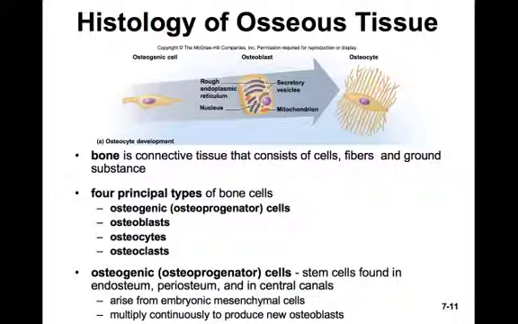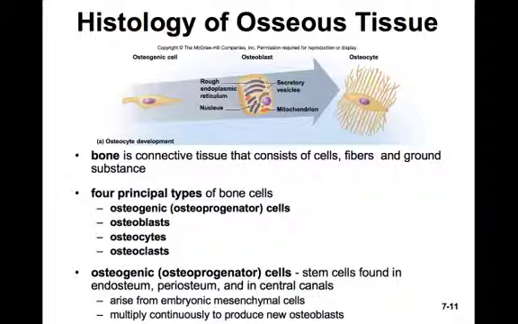So osteogenic or osteoprogenitor cells are found in the endosteum and the periosteum. So those are the membranes around the outside of the bone, as well as the membrane that lines the marrow cavity. And it's found in the central canals of the osteon.